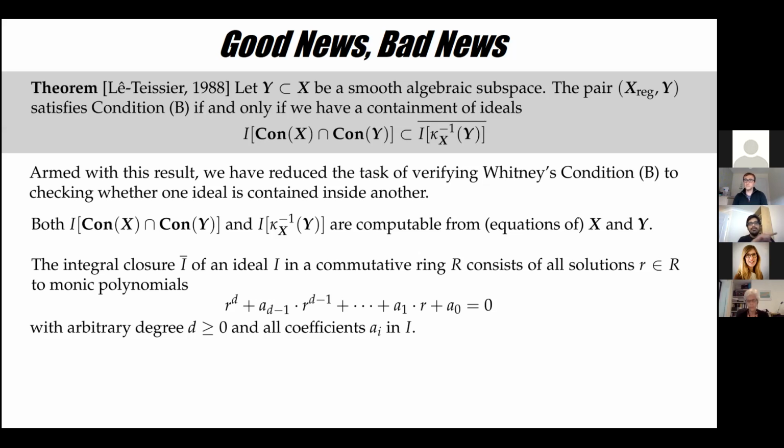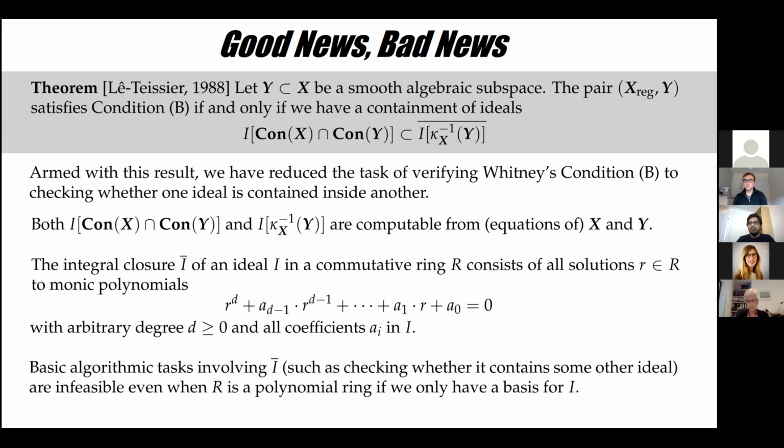So it's all these crazy equations in a ring, and even for a polynomial ring, basic things that we want to do, like test for this ideal containment, are hard. Even if you have all the equations for kappa X inverse Y and Con X intersect Con Y, you're not going to be able to check whether the containment needed in the theorem of Lê and Teissier is satisfied.